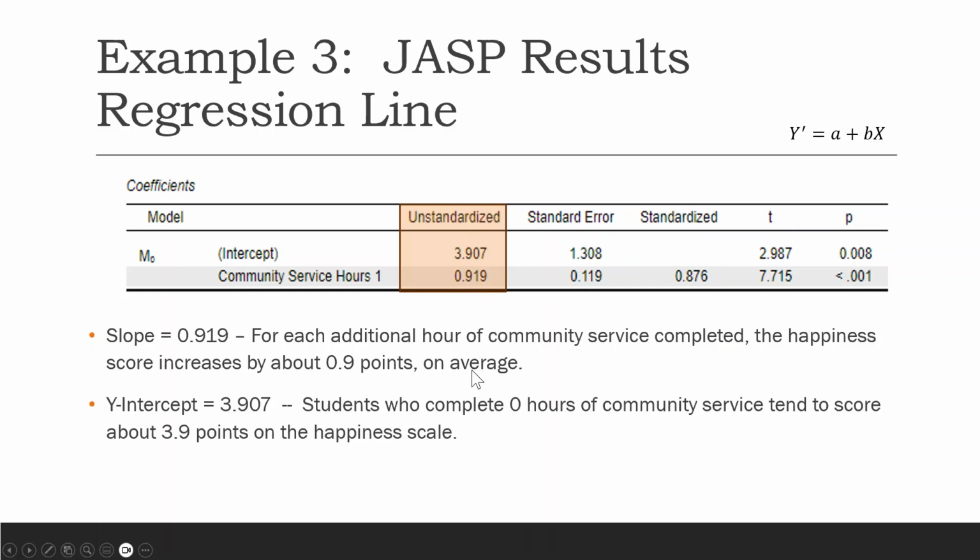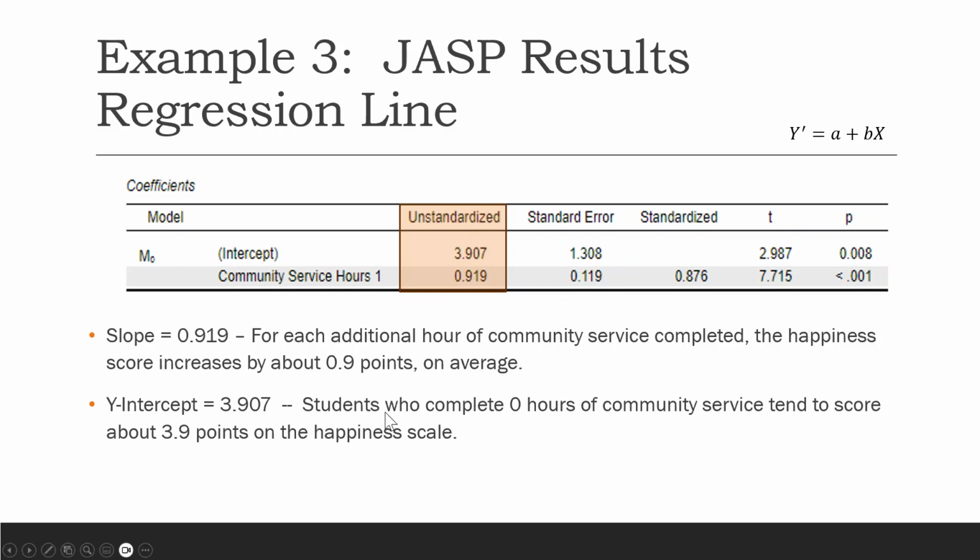All right. My y-intercept is 3.907. Remember, we said that the y-intercept is the value of y when x equals 0. That aligns with the point where your line crosses your y-axis. Well, x equaling 0, meaning a student not completing any community service hours, right?